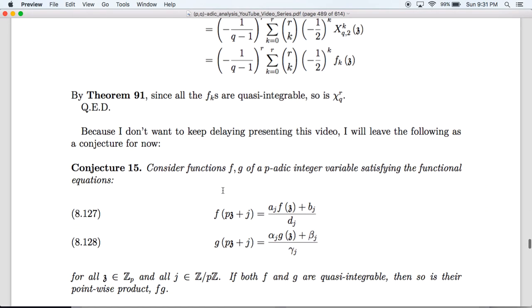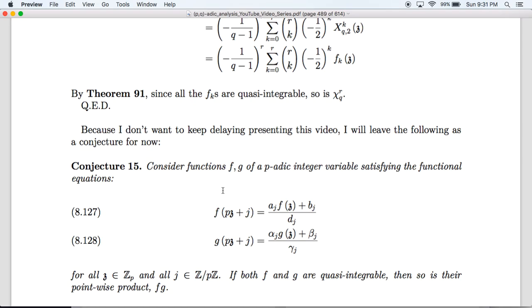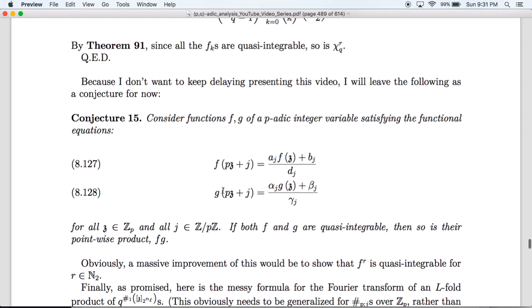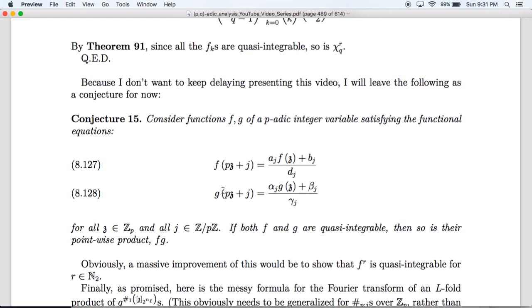Now, because I don't want to keep delaying the presentation of this video, I'll leave the following as a conjecture for now. Consider functions f, g of a p-adic integer variable, taking values wherever it makes sense, and satisfying these functional equations.